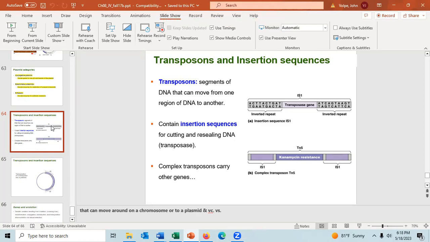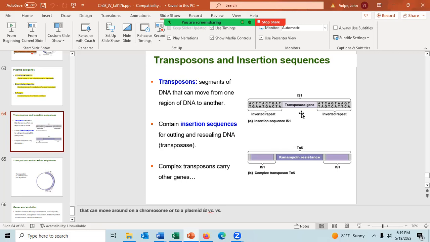A transposon always contains an inverted repeat and the transposase enzyme, which actually cuts the transposon out and then seals the DNA back, and then cuts a place in the DNA for the transposon to insert, and then the transposase gene anneals the DNA at the cut site, inserting the transposon. So a transposon always has these inverted repeats and the transposase gene.